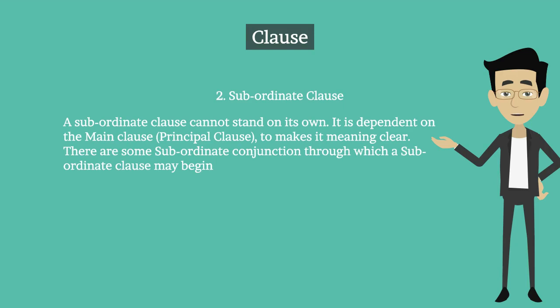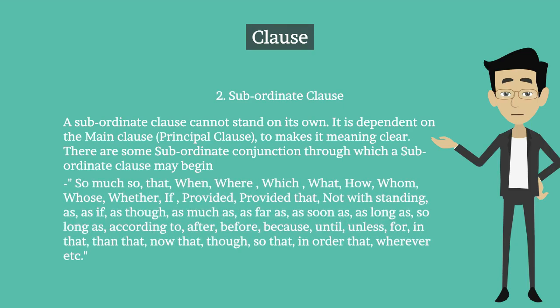There are some subordinate conjunctions through which a subordinate clause may begin: so much so that, when, where, which, what, how, whom, whose, whether, if, provided, provided that, notwithstanding, as if, as though, as much as, as far as, as soon as, as long as, so long as, according to, after, before, because, until, unless, for, in that, than that, now that, though, so that, in order that, wherever, etc.